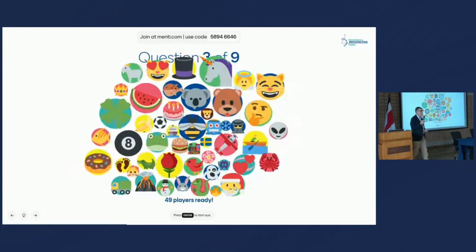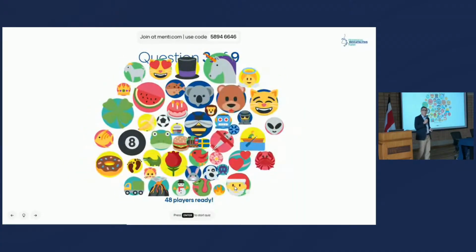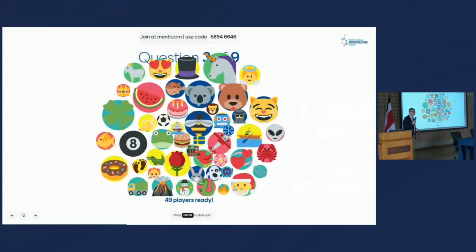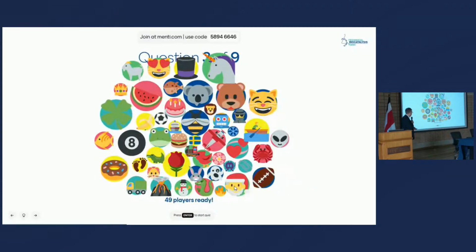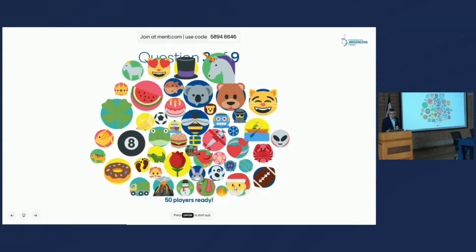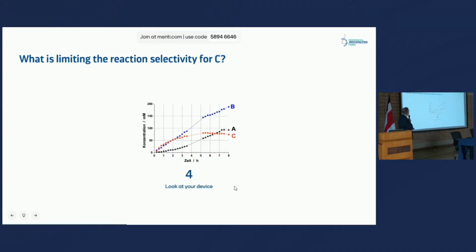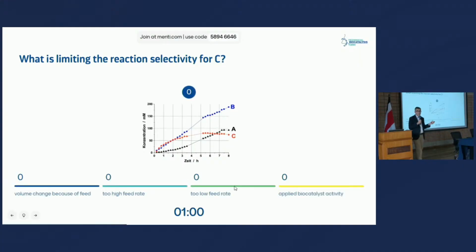Okay, and now you can speculate what might be the reason for what we're observing, then we're taking a look if that was true. So what is limiting the reaction selectivity for C? So to produce the final product.